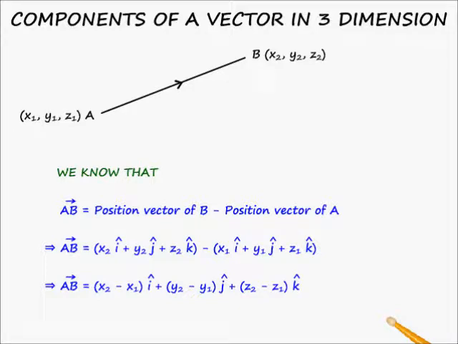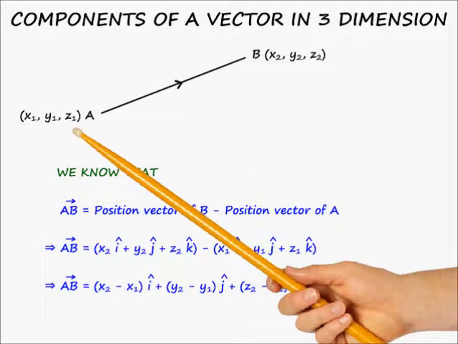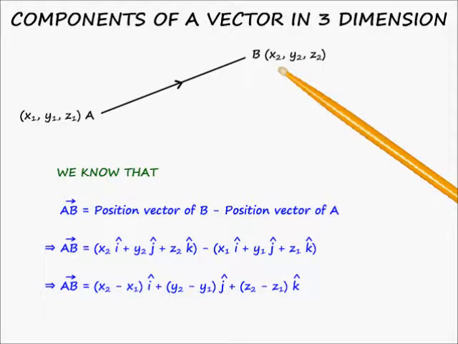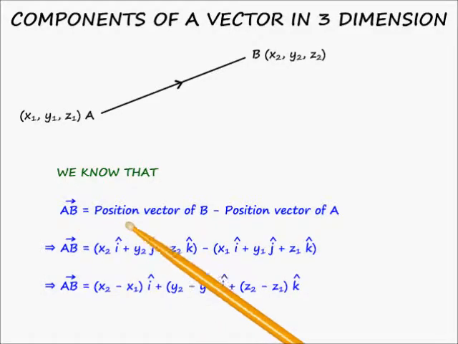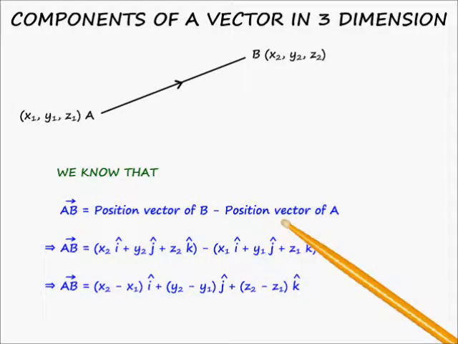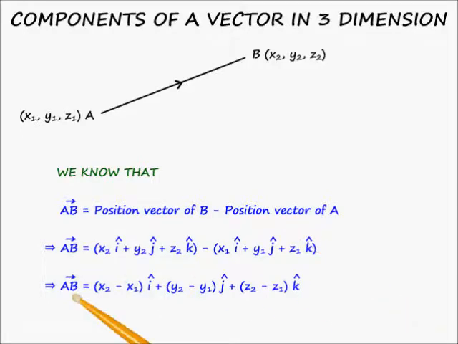Now what will be the components of a vector whose initial point is not the origin? We are talking about vector AB, where A has coordinates x1, y1, z1, and B has coordinates x2, y2, z2. We know that vector AB is equal to the position vector of B minus the position vector of A. Therefore AB is equal to (x2 minus x1) i cap plus (y2 minus y1) j cap plus (z2 minus z1) k cap.